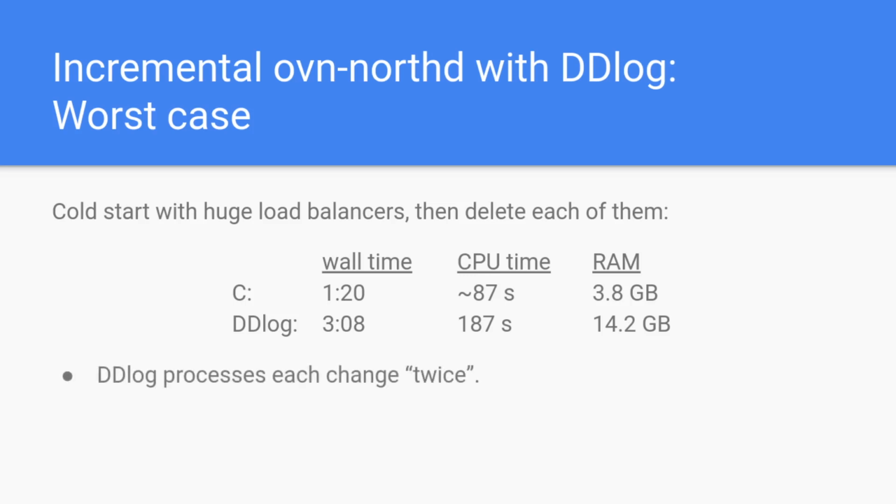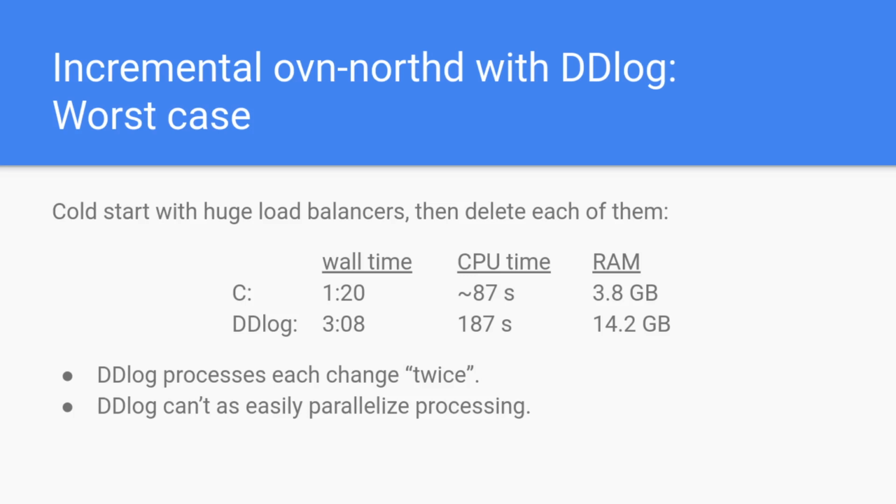This is a particularly nasty case because for each of these load balancer changes, ddlog ends up processing it twice, once to remove the old version and once to add the new version. ddlog also can't as easily parallelize.